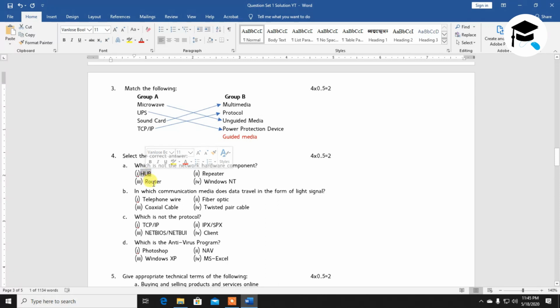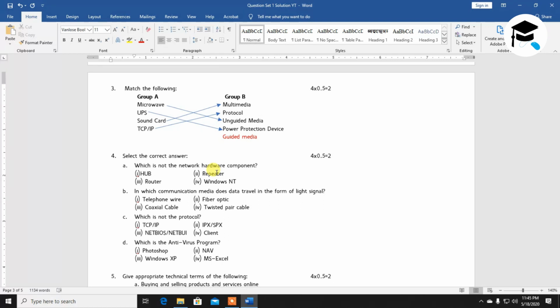Hub connects multiple devices, router connects multiple networks, and the network device used to regenerate or replicate a signal is the repeater. I hope you have understood. Repeaters are used in transmission systems to regenerate analog or digital signals distorted by the transmission loss. When the data is lost during the transmission process, at that time repeaters are used.